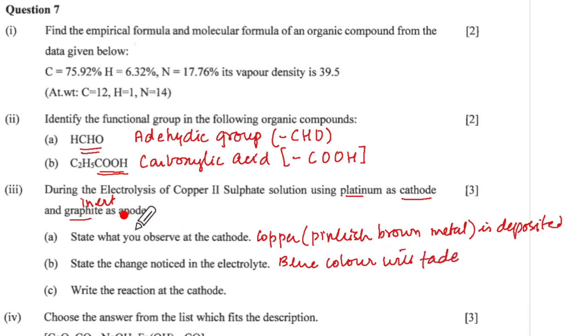Because graphite, which is an inert electrode, is not going to take part in the reaction like when it was with copper electrode, and therefore the Cu2+ ions in the electrolyte will decrease and they will make the blue color fade. Write the reaction at the cathode. At cathode, Cu2+ will migrate. They will take 2 electrons and you will get Cu neutral atom.